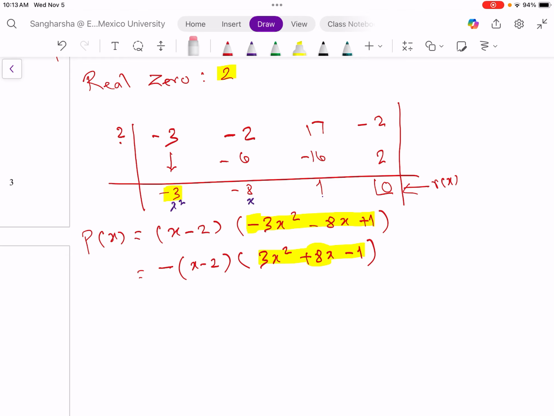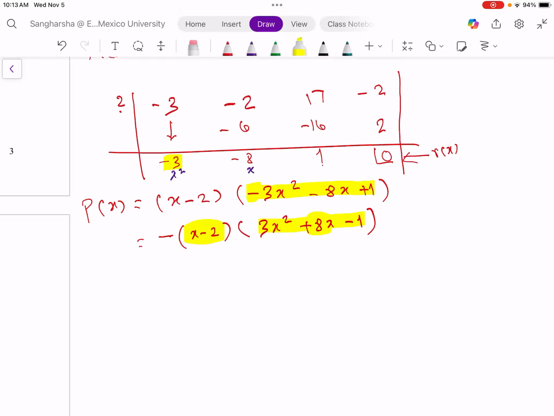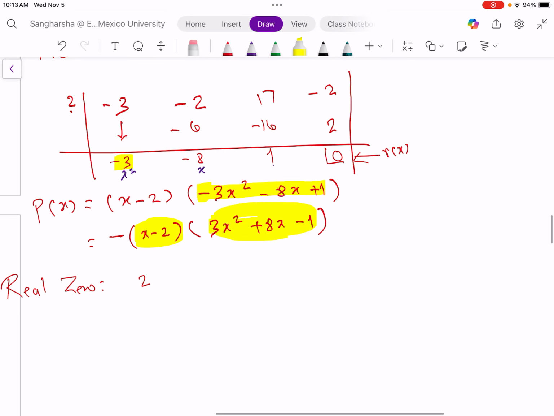Okay, so our target is finding the real 0. For what x value is this factor 0? 2, right? So we already know that 2 is a real 0. Now for what x value is this factor 0? How do we find that? It's not easy.